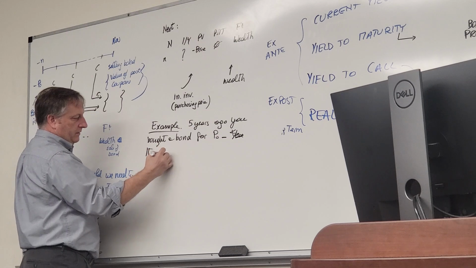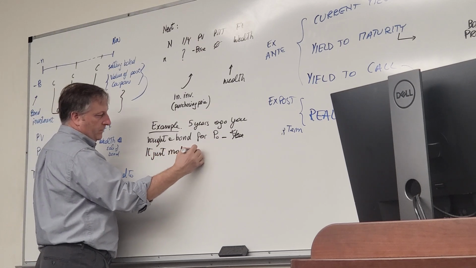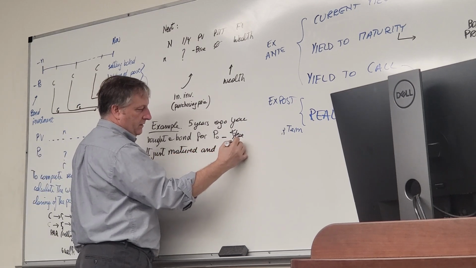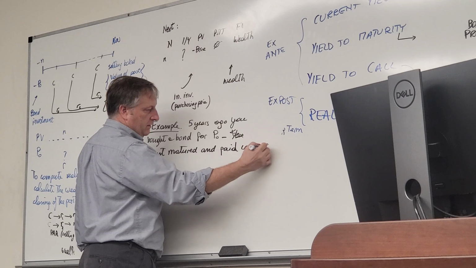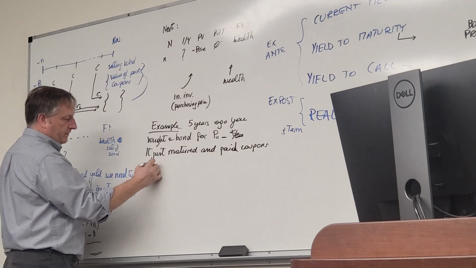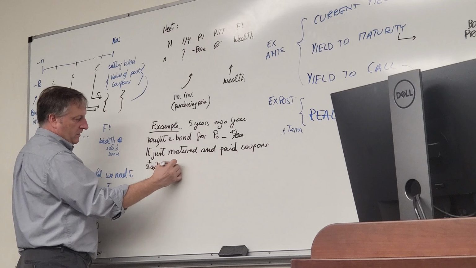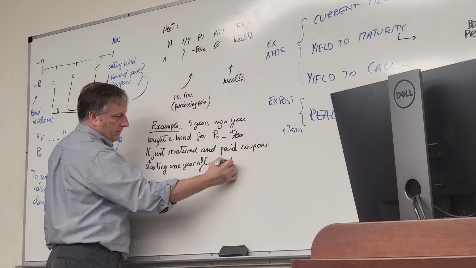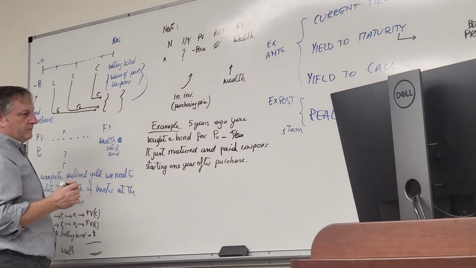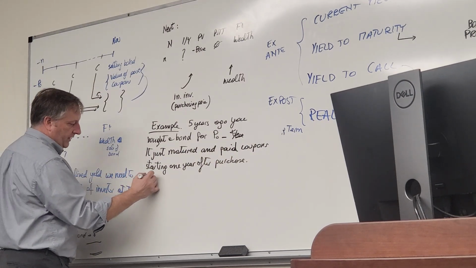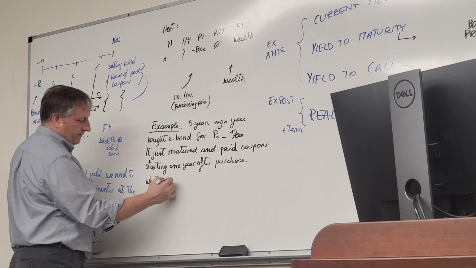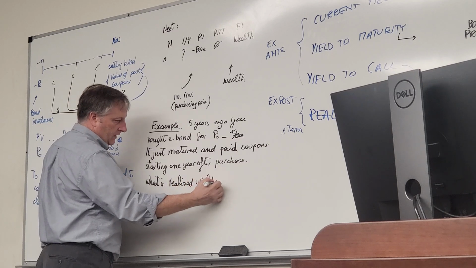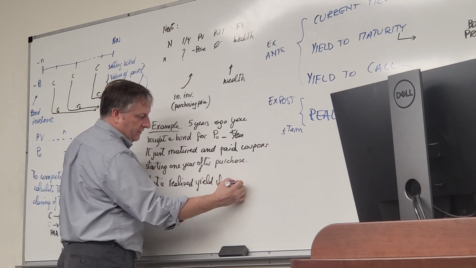It just matured, and paid coupons starting 1 year after your purchase. And the question is, what is your realized yield if coupons were not reinvested?